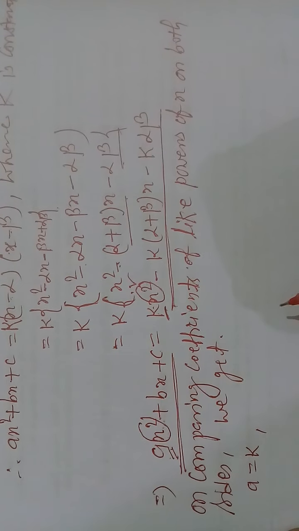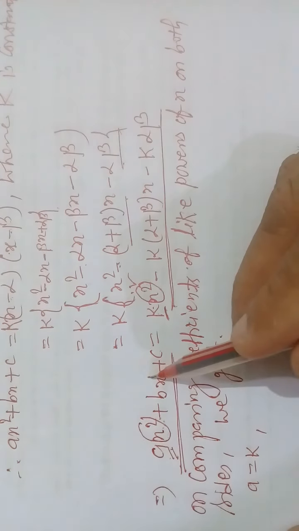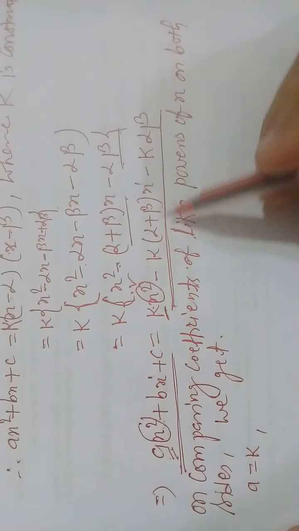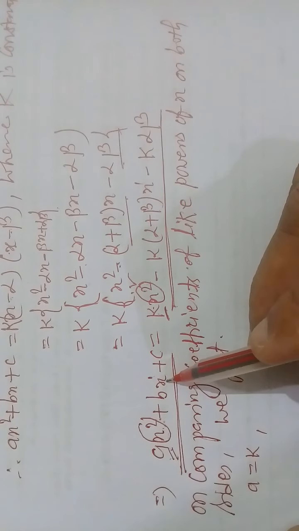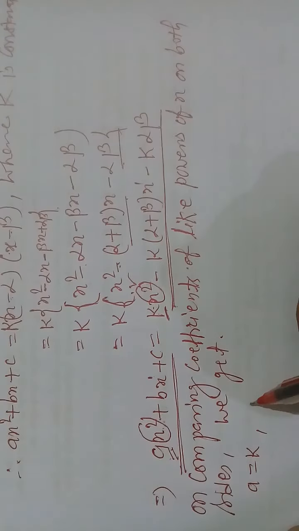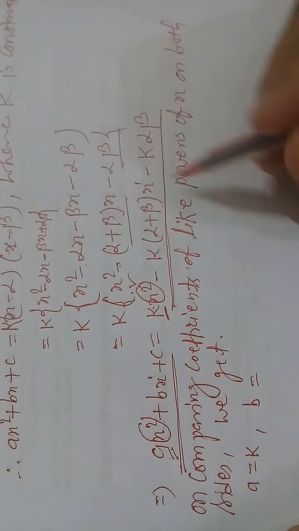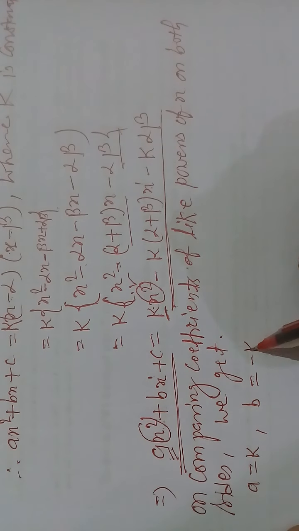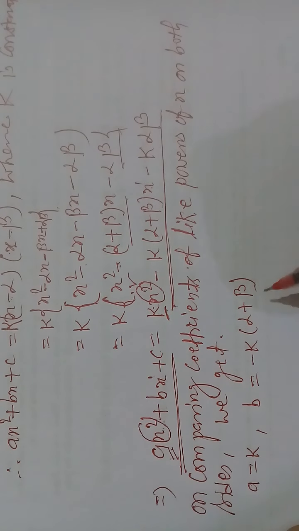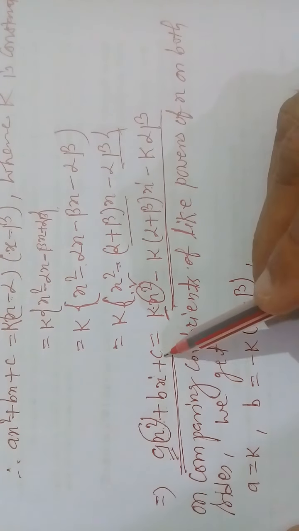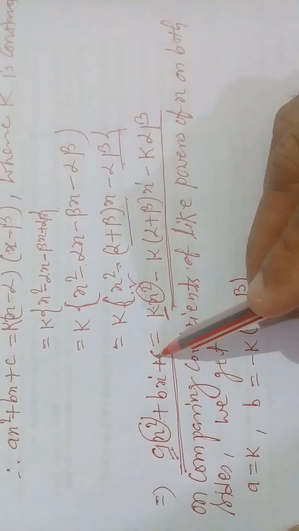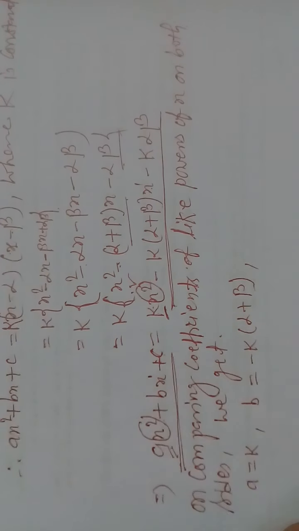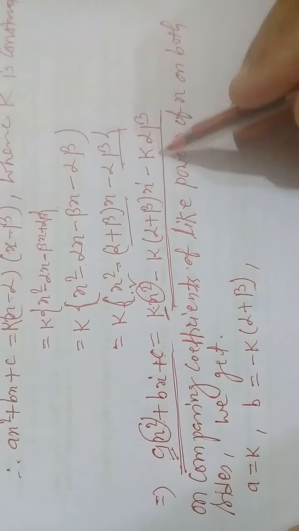Similarly, the coefficient of x to the power 1 is b, which is equal to minus k(alpha plus beta). And next, c: the constant terms are equal.